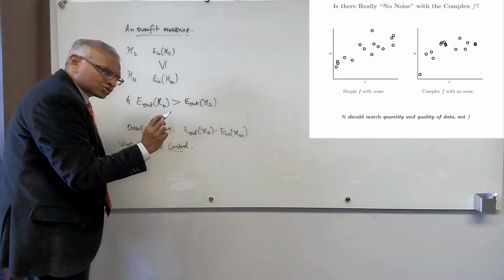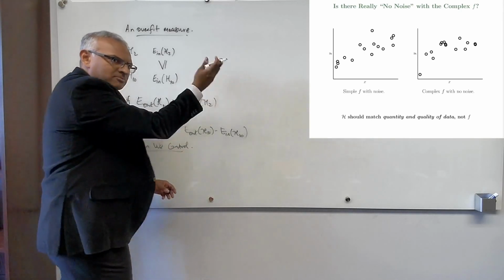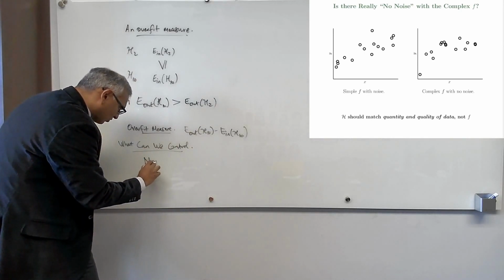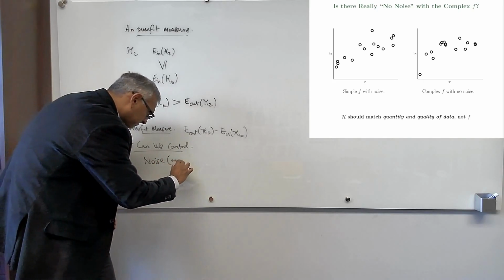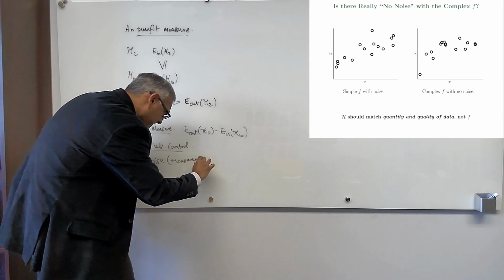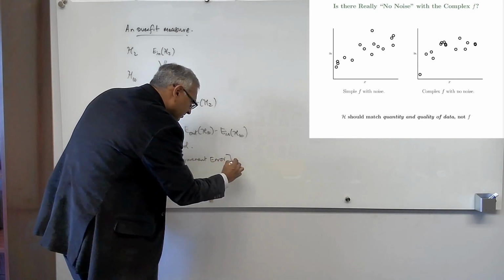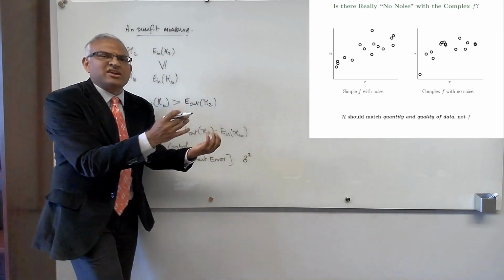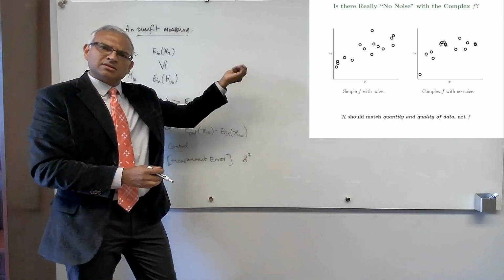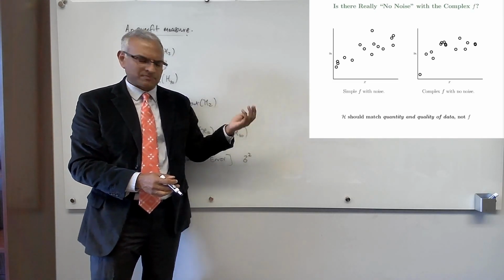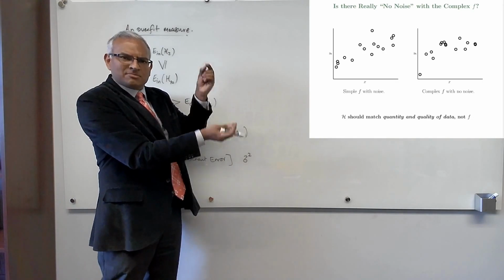Okay, so we can control the amount of measurement error. So the noise, let's call that noise, or measurement error. Let's call that sigma squared. Okay, the variance in the measurement errors. Okay, and the larger the noise, the larger the measurement errors.